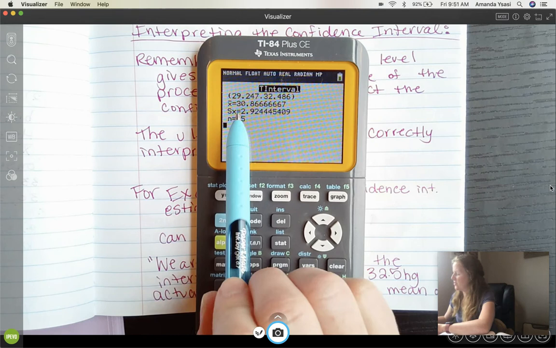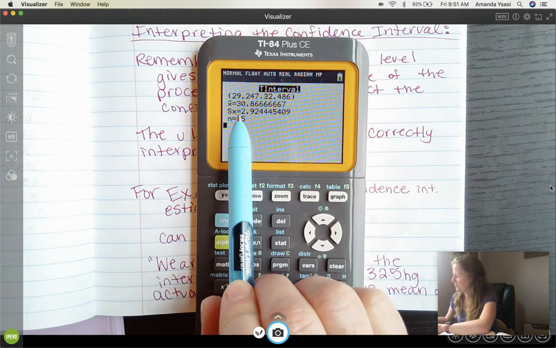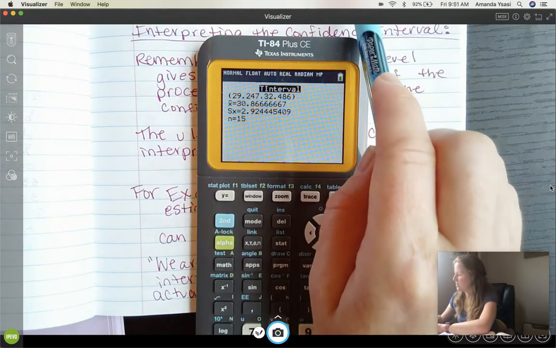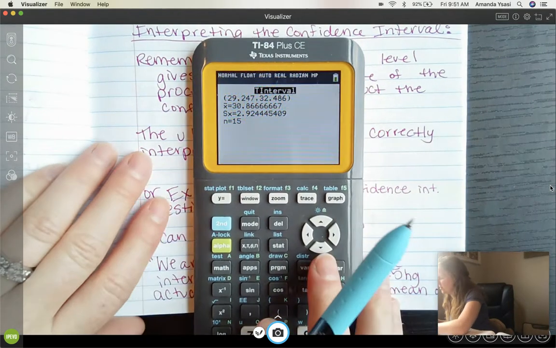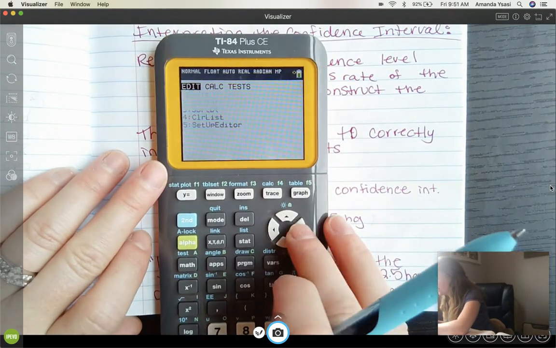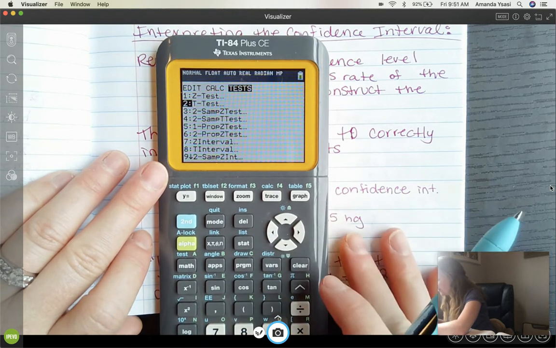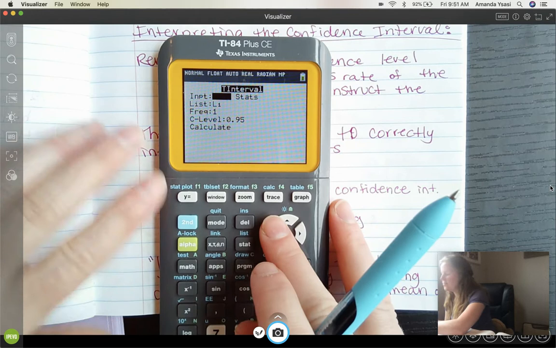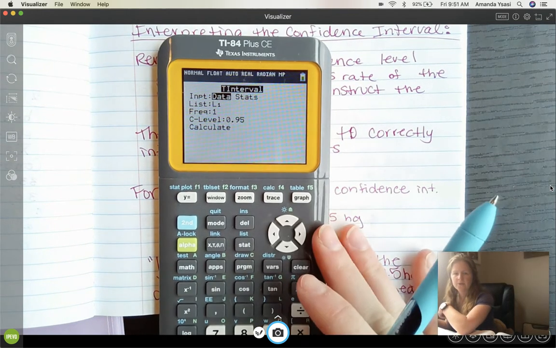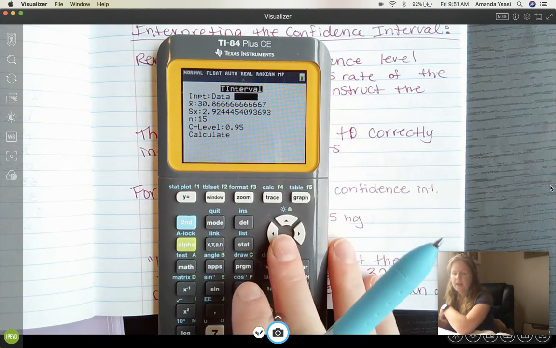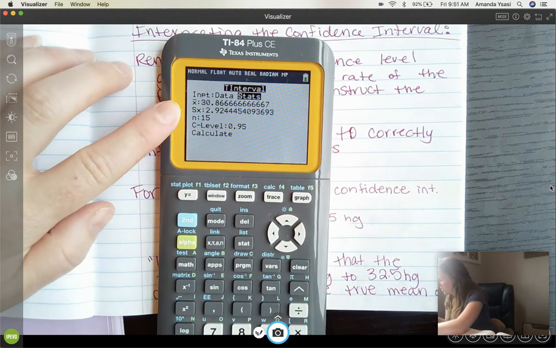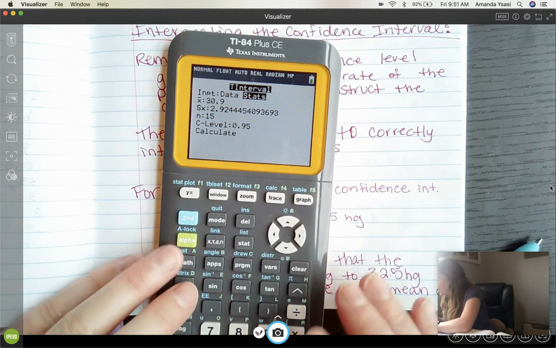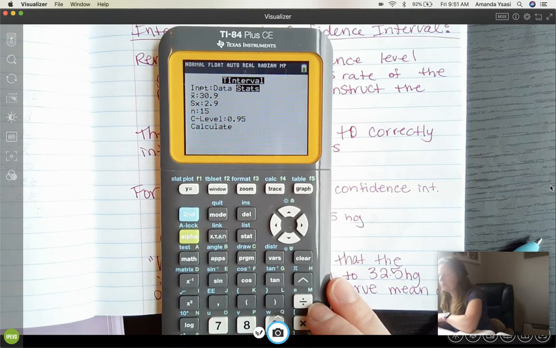Oh, it's because it's using the data, and what we used on here was our stats. So let's go back and do it with the stats instead. Then we should come up with the same thing. So go back, T interval. Instead of using the data that we have, I'm going to go over to stats. And I'm going to change this because this is just 30.9, and this was 2.9.